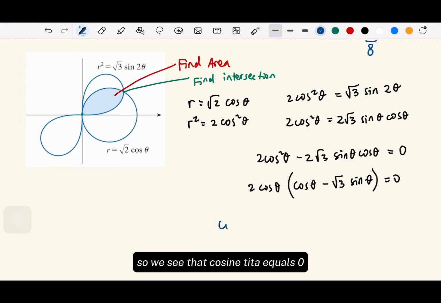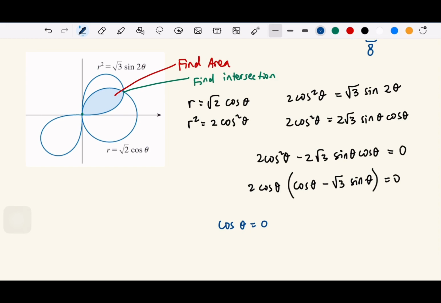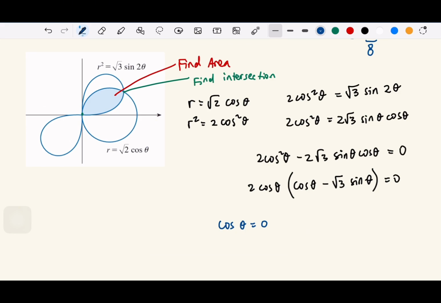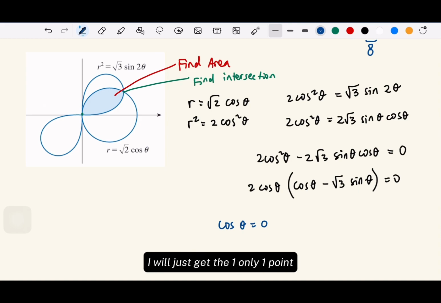So we see that cosine theta equals 0. This is the one that we could lose if we cancel. We get two factors, which describe the two intersections. If I cancel, I will just get only one point.